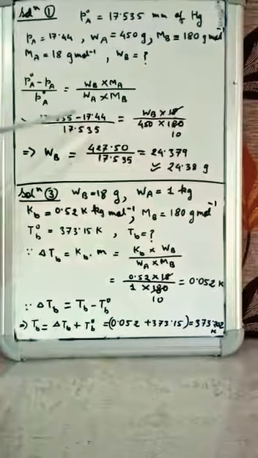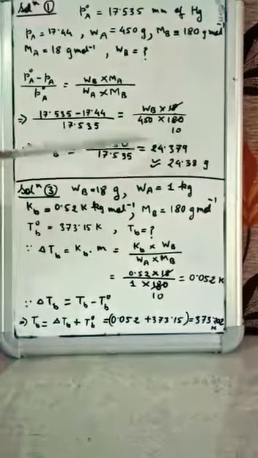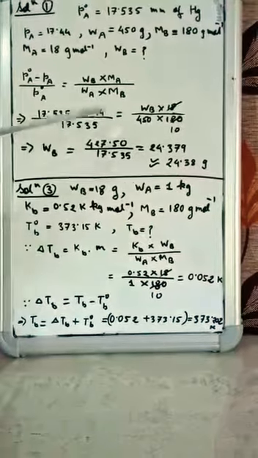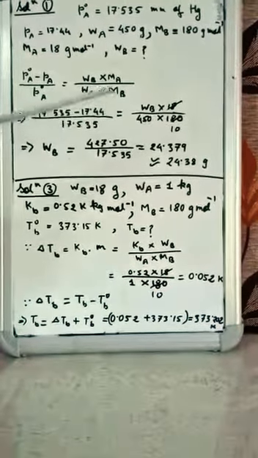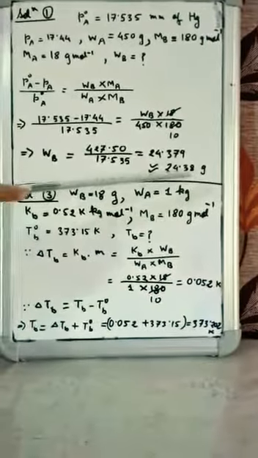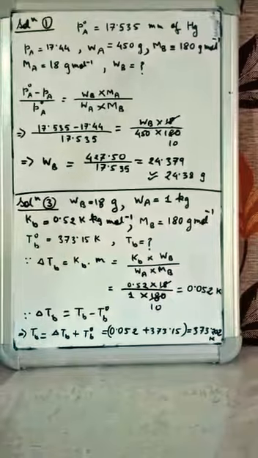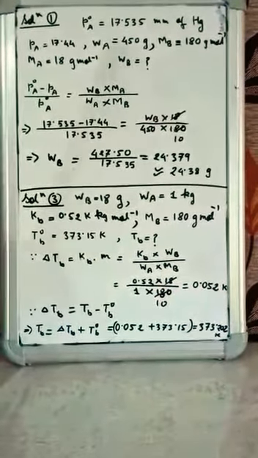So I have put all the values which are given to you on the right hand side. And if you solve it stepwise, you will get the value of WB to be 24.38 gram.